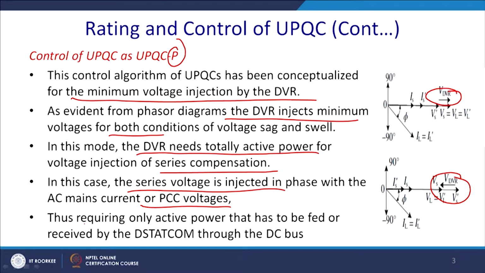Thus, it requires only active power, and that has to be fed or received by the STATCOM through the DC bus. So, ultimately the DC bus will ensure the supply, and this DC bus is maintained mainly by the shunt path. It increases the current and thus the kVA rating of the STATCOM.